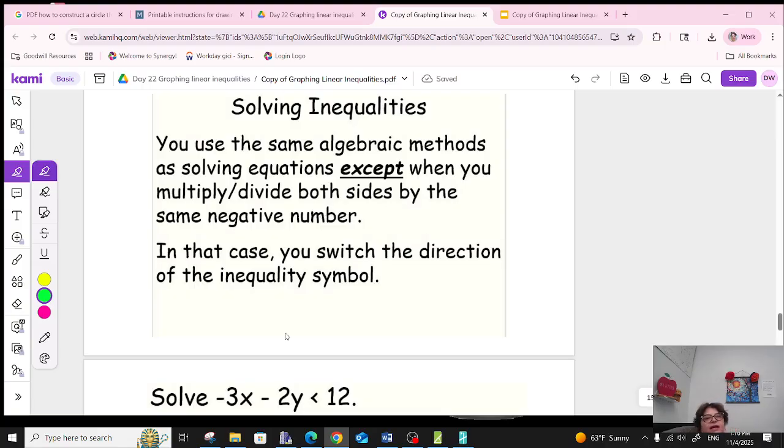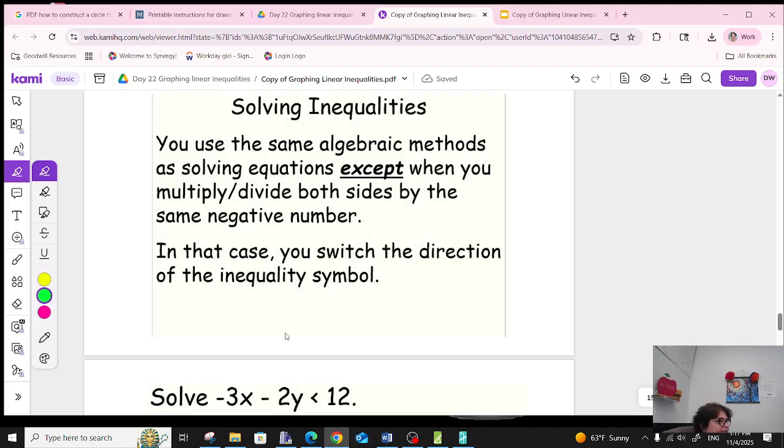You use the same algebra methods as solving equations, except when you divide both sides by the same negative number. In that case, you have to switch the direction of the inequality symbol. Remember when we talked about beep, beep, beep, beep?